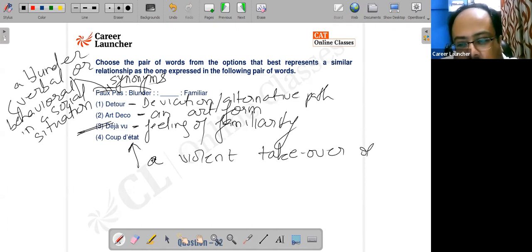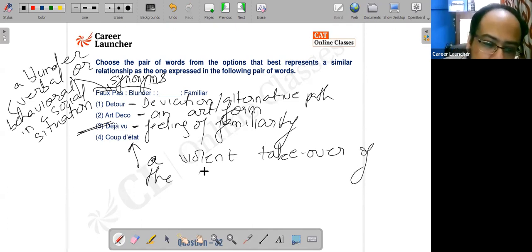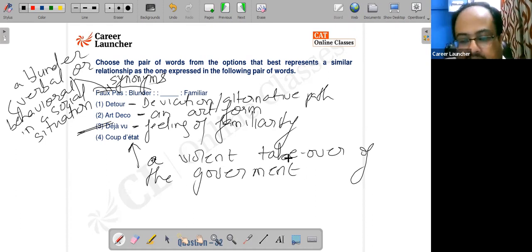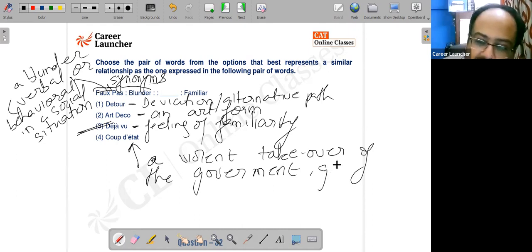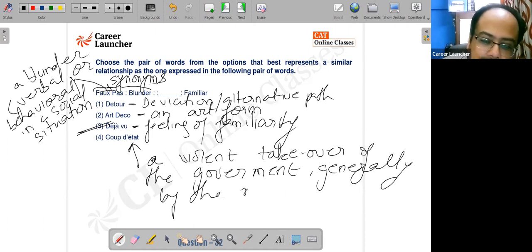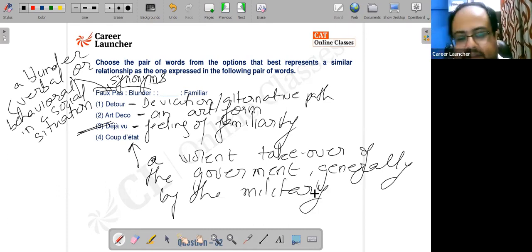This is a violent takeover of the government, generally or usually by the military or the army. Right? That is coup d'etat. The answer is option 3 over here.